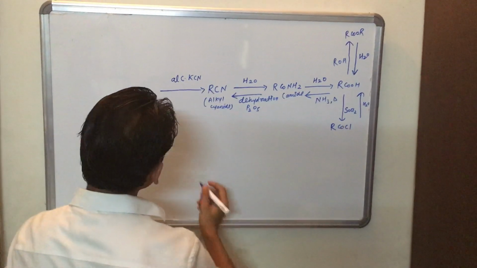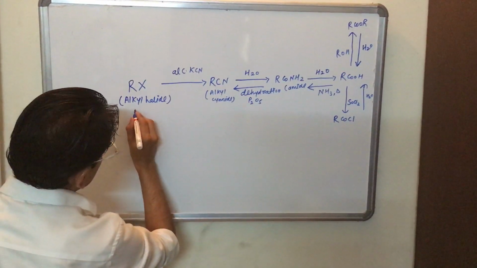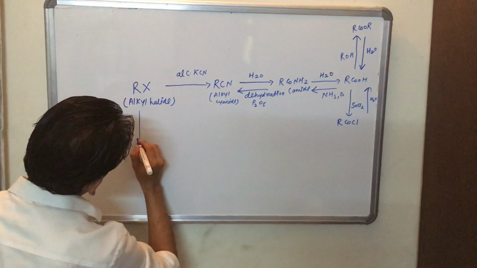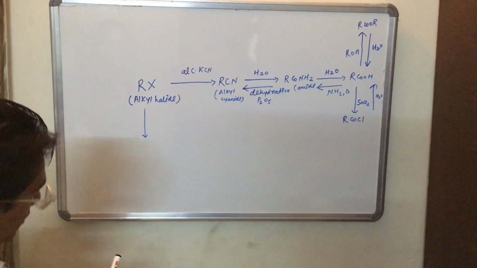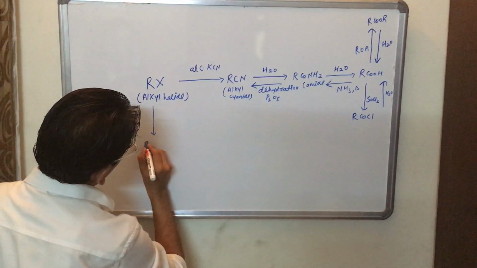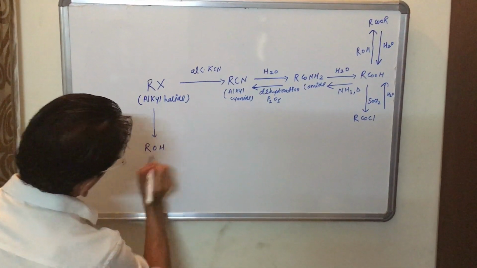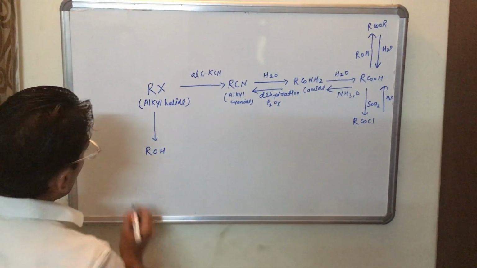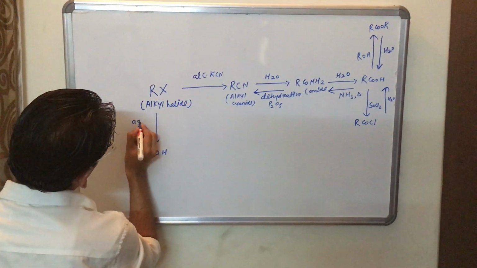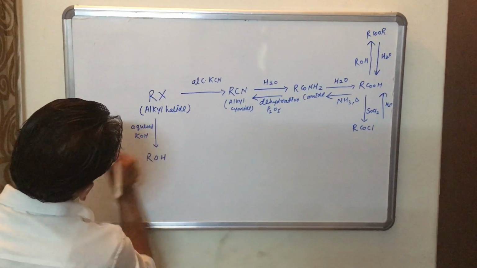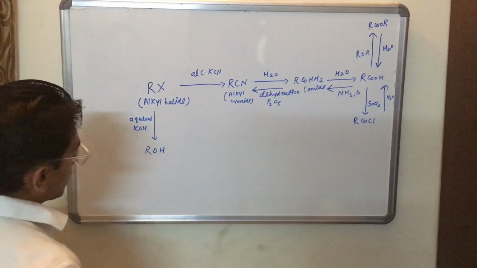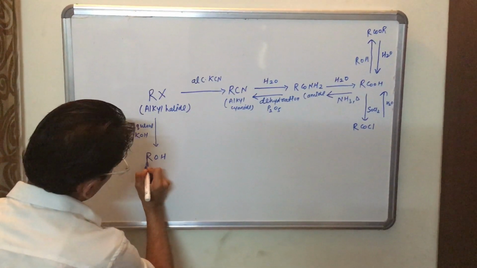Now RX, I have an alkyl halide, and if I want to obtain alcohol, then I have to add aqueous potassium hydroxide. Then you will get alcohol.